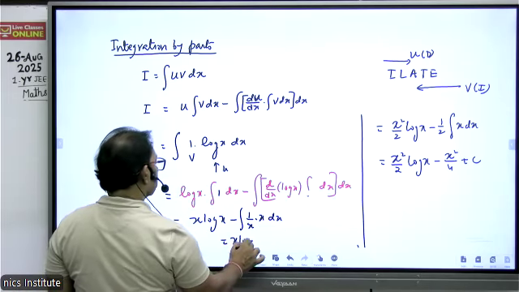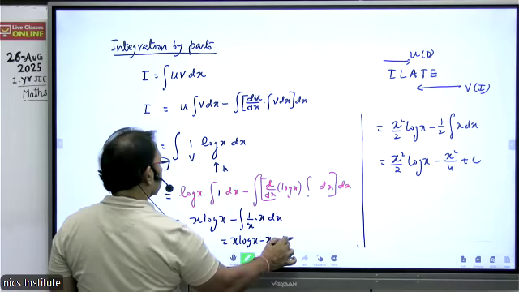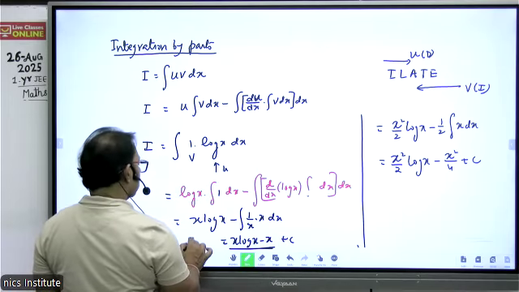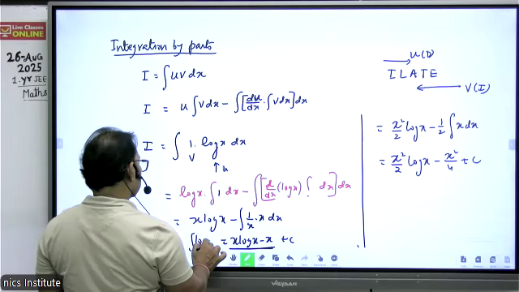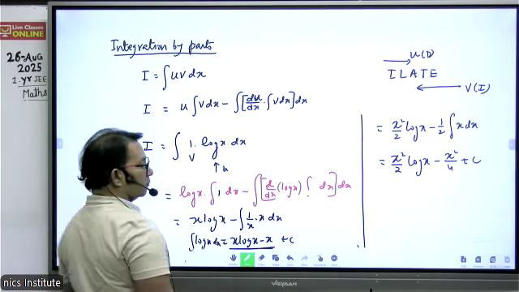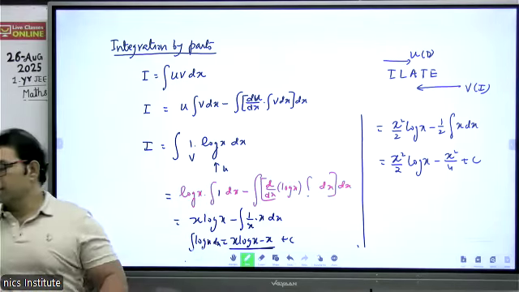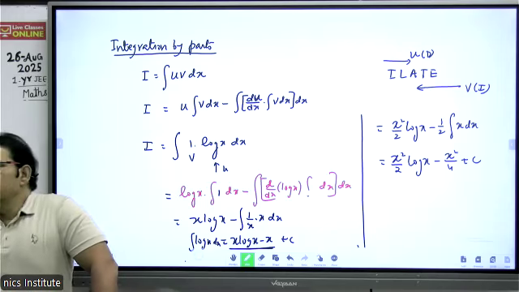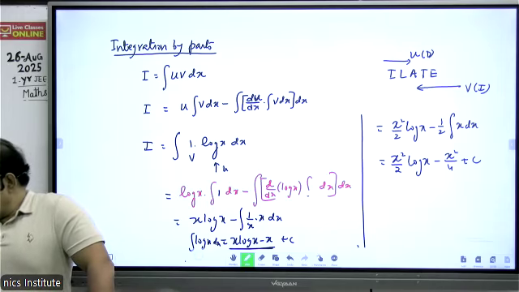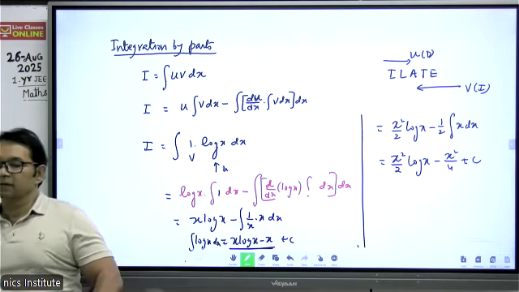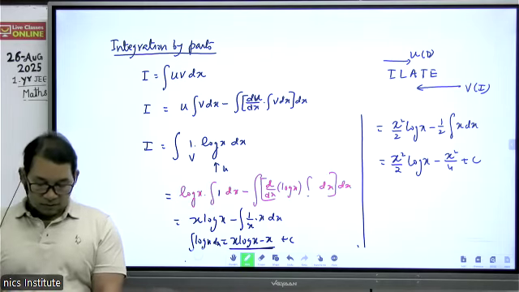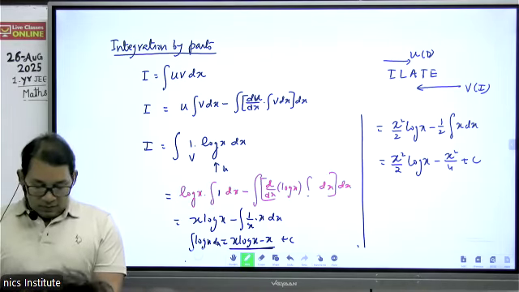X log x minus x. Integration of log x is always x log x minus x. So that is it.